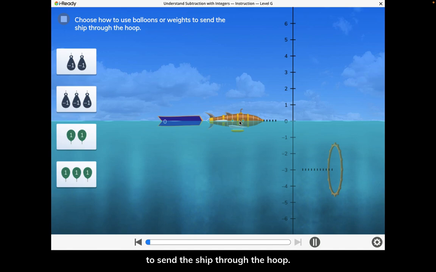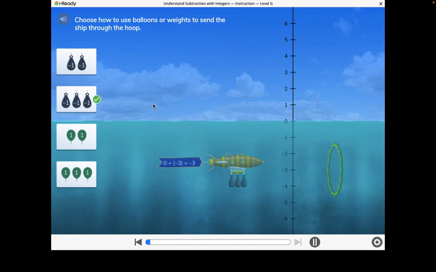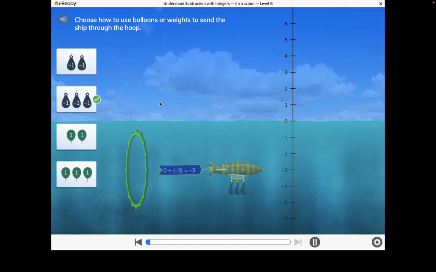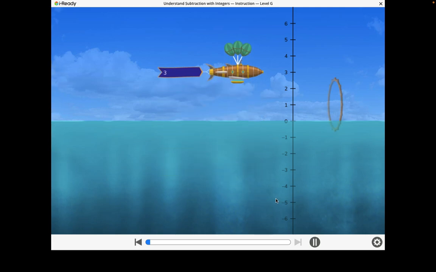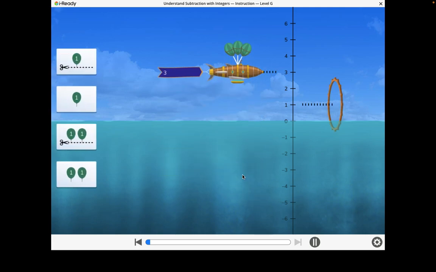Okay, so we have to add some weights. So we could go down. There. So now it's at 1 and we have 3 balloons.